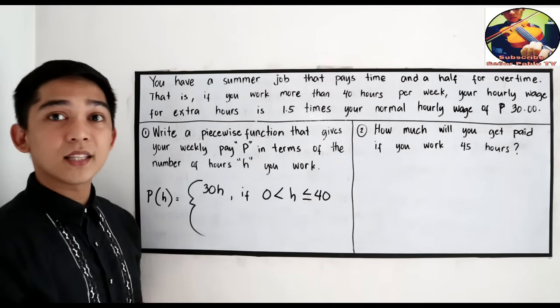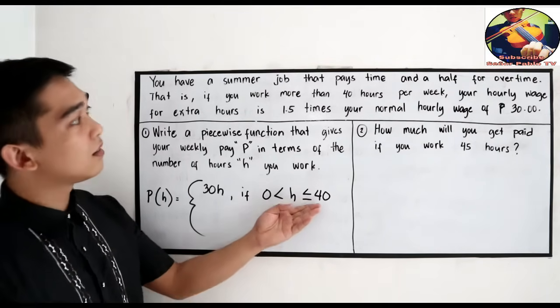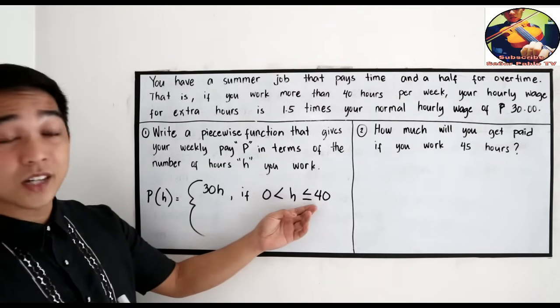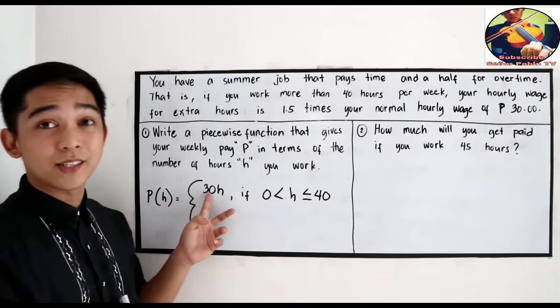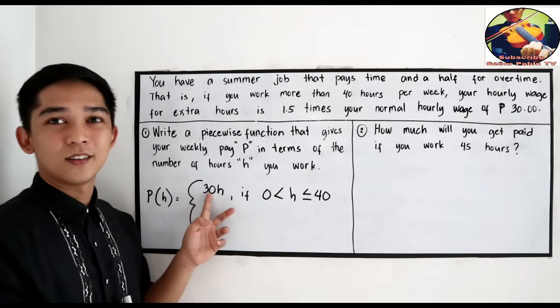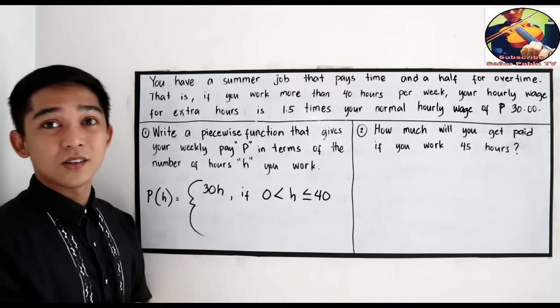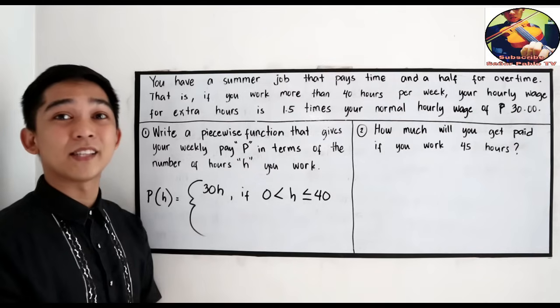Let's say, nag-work ka lang ng 20 hours sa loob ng 1 week. So, 20 times 30, yun yung bayad sa'yo. Paano pag 5 oras ka lang nag-work sa loob ng isang linggo? So, 30 times 5, yun yung magiging bayad sa'yo.